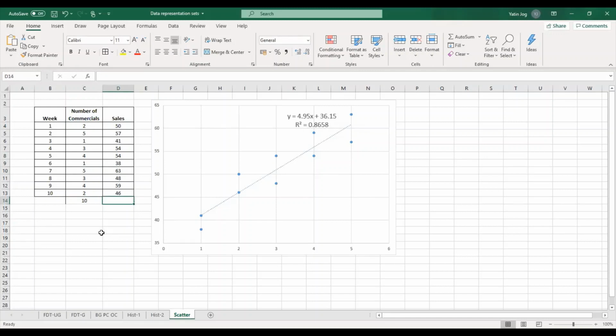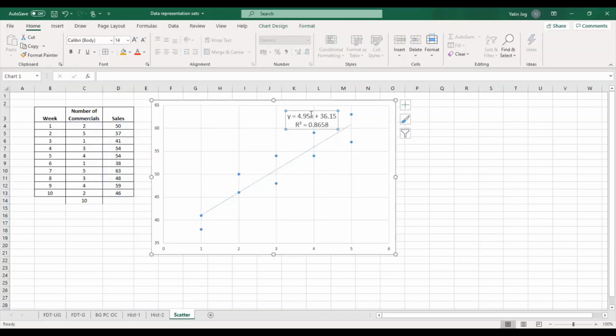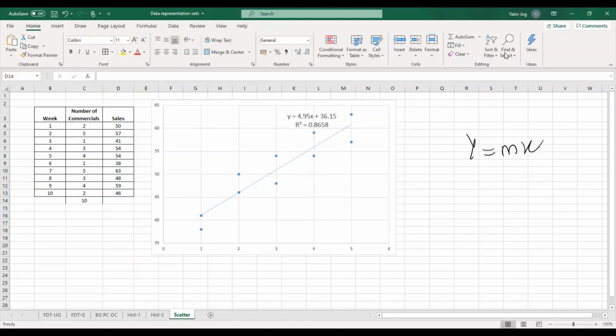So this equation is representing this line. All of us are aware of equation of line. It is in form of y equal to mx plus b, where m is the coefficient of x, we call it slope with x-axis, and b is the constant, which is the intercept on the y-axis.